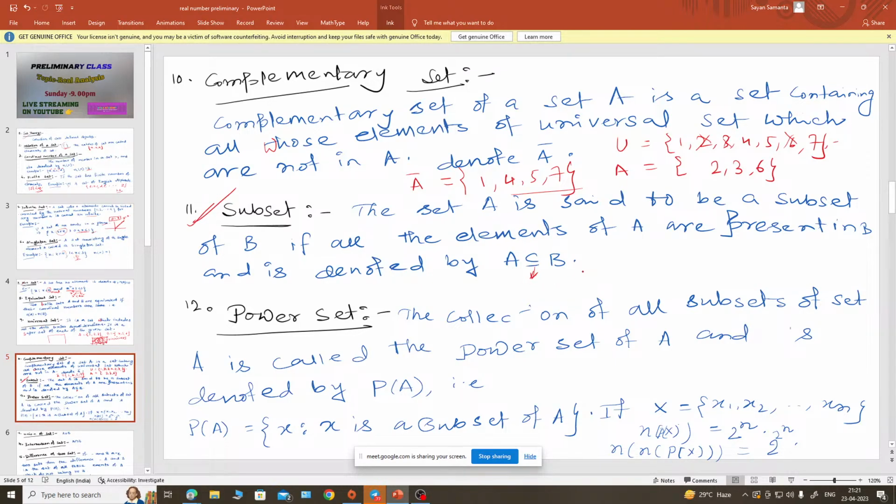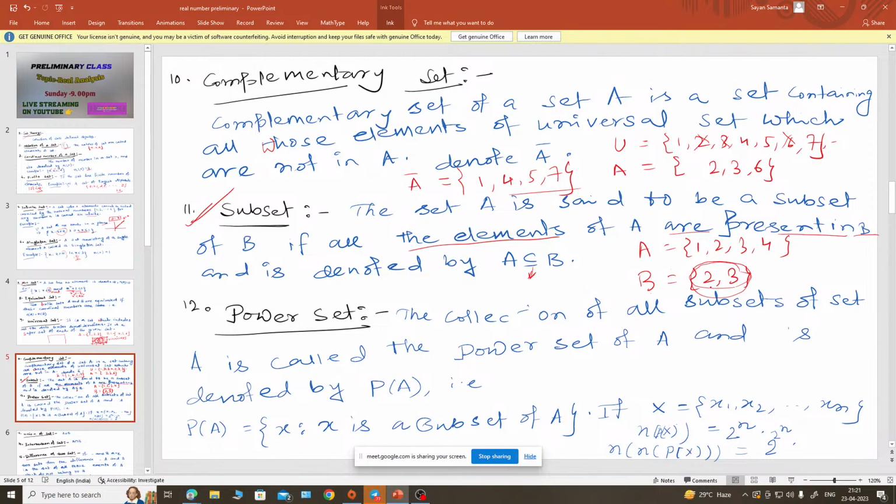If we consider A equals 1, 2, 3, 4 and B equals 2 and 3, all members of the set B, that is 2 and 3, belong to A. So here B is a subset of A. That is the subset concept. Clear?